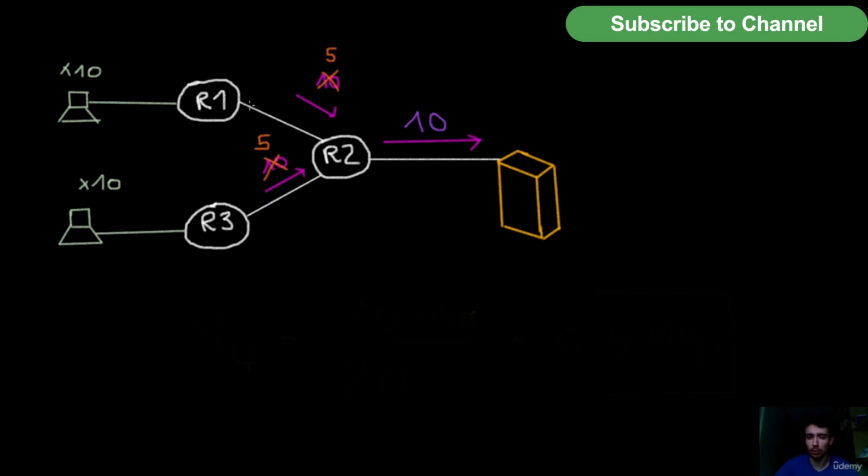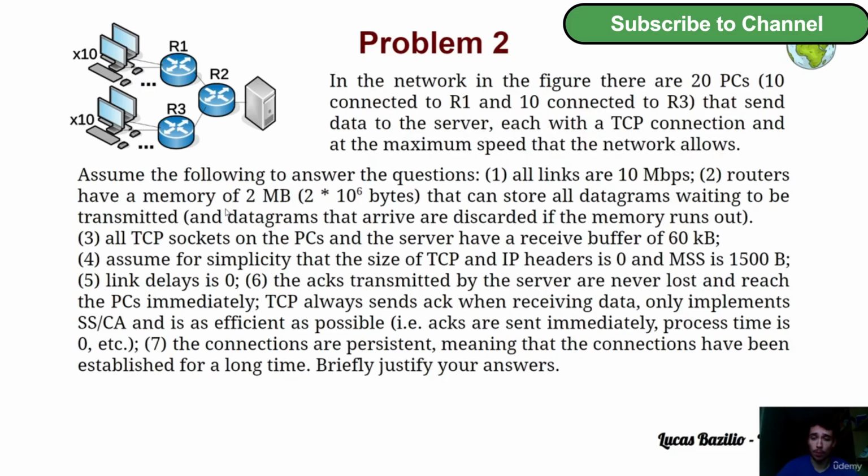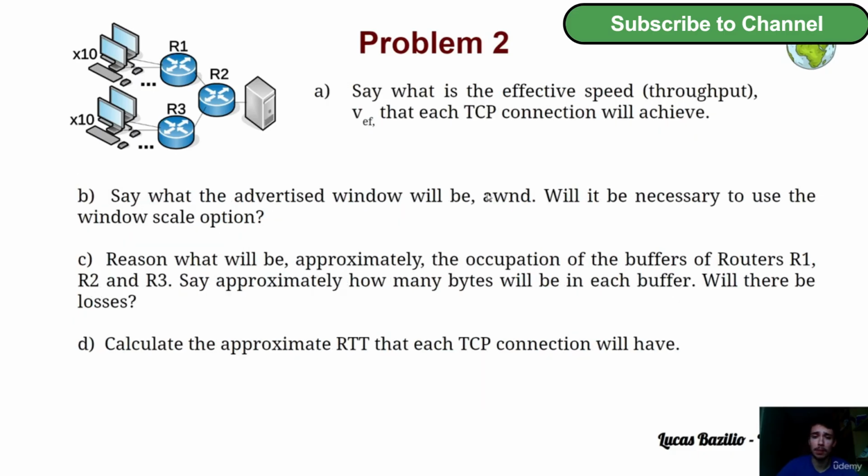But what is the total capacity that we can send? Each link has a capacity of 10 megabits per second, but here we are only sending 5 megabits per second. What is important is to remember that all links are 10 megabits per second.